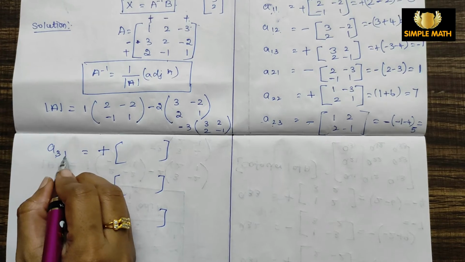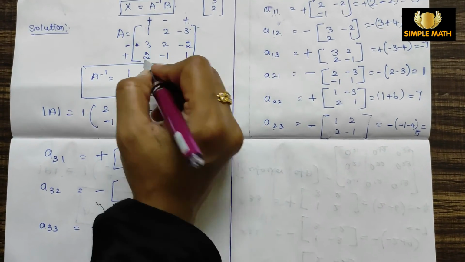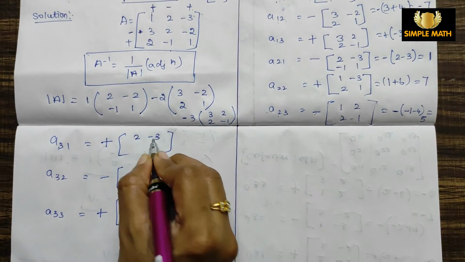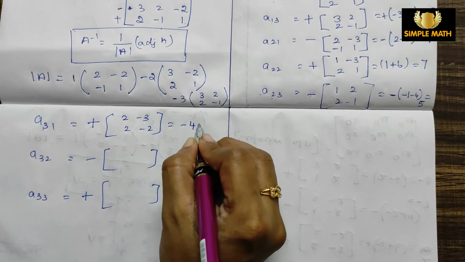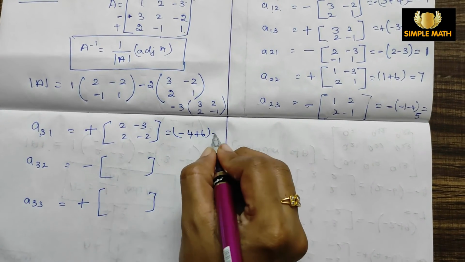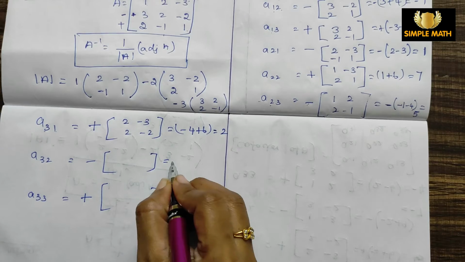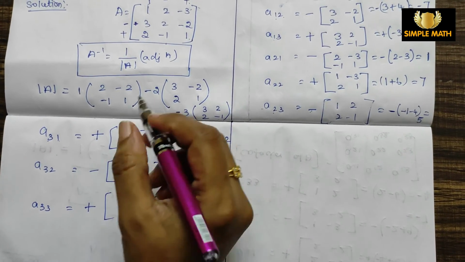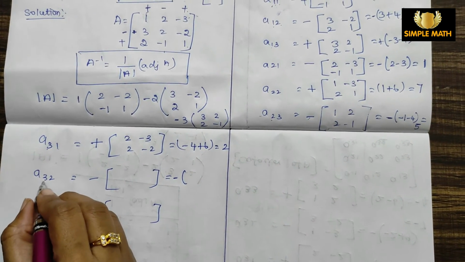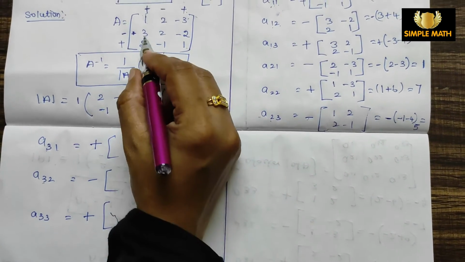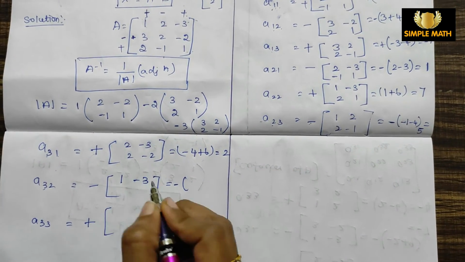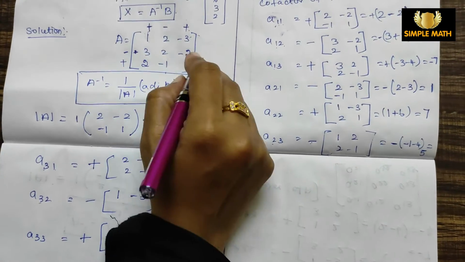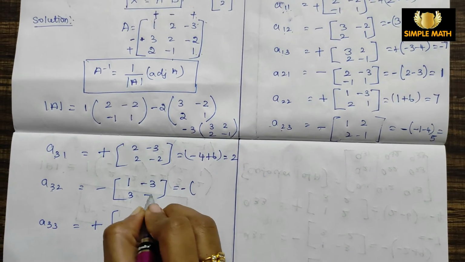Okay, the next value is A31. Leaving the third row and first column, the remaining entry is 2 minus 3 and 2 minus 2. So the answer is minus 4 plus 6 equal to 2. Next A32. A32 is leaving the third row and second column. So that I have 1 minus 3, 3 minus 2.